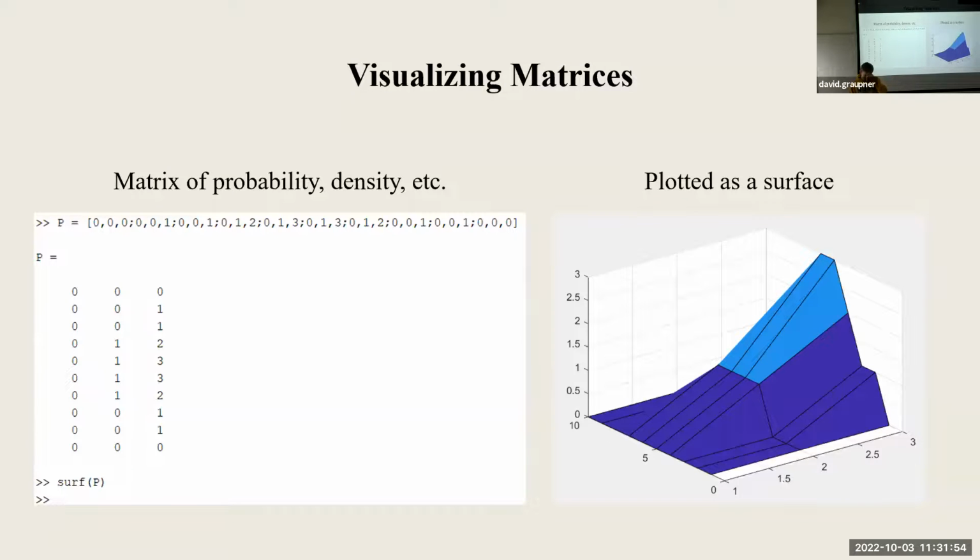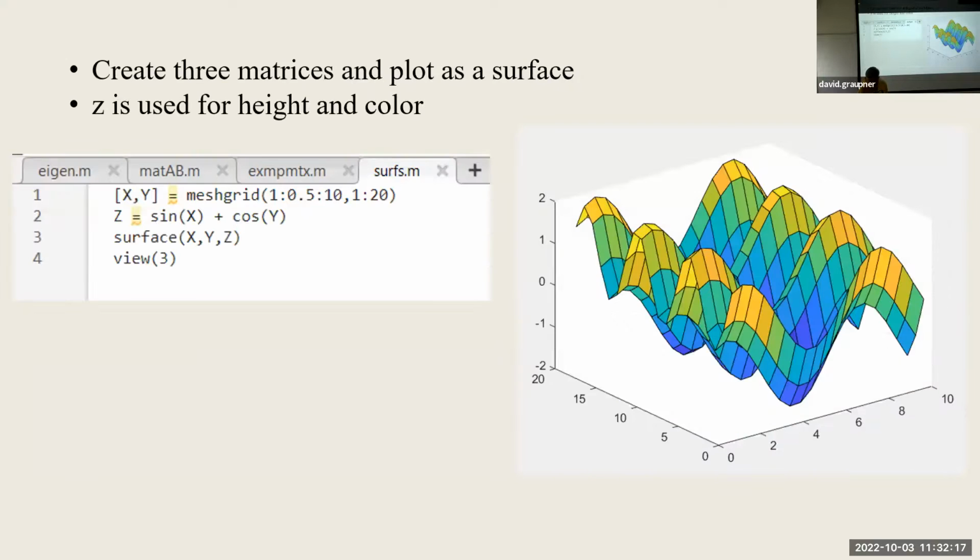And then with just the surface command, you can just do surf, your matrix, and it will visualize it with this cool graphic right here. As we see, it's all zeros here, but then it increases just as it does in the graphic there. So it gives you a visual representation of how your matrix is shaped.